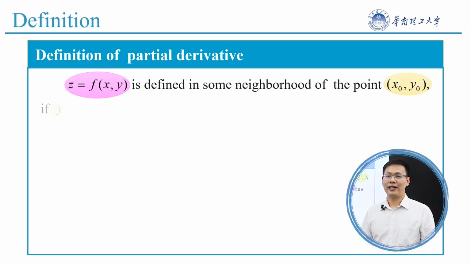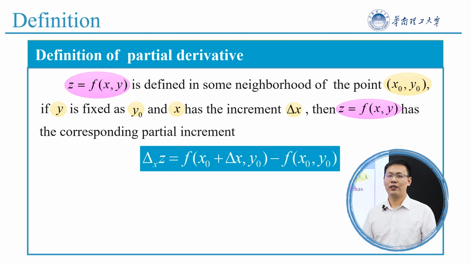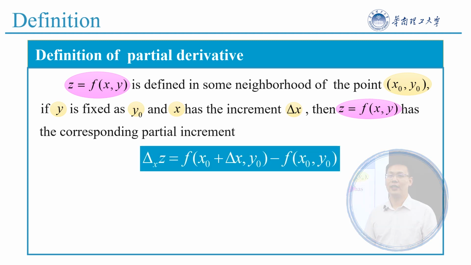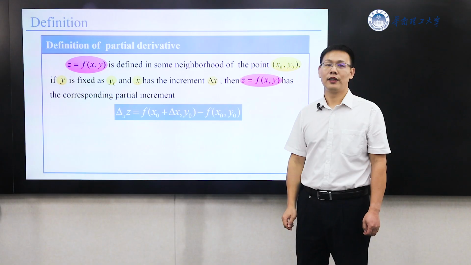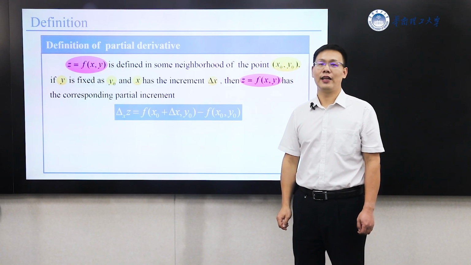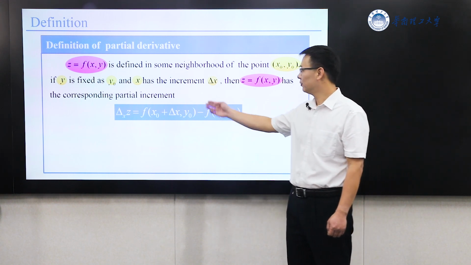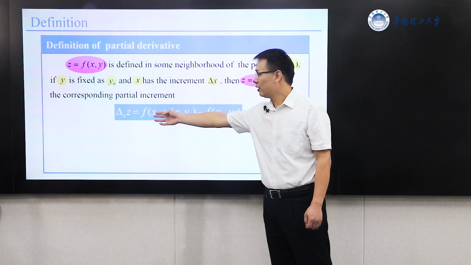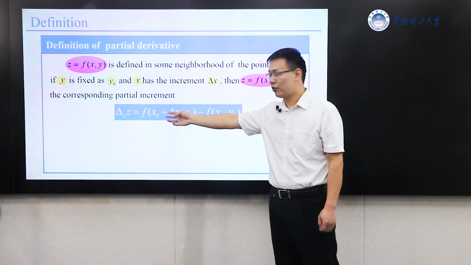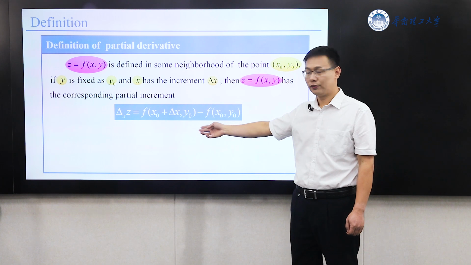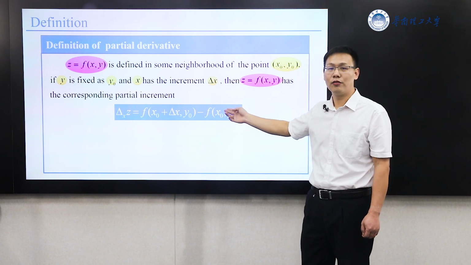Definition: suppose f(x, y) is defined in some neighborhood of the point (x0, y0). If y is fixed as y0 and x has the increment delta x, then z equals f(x, y) has the corresponding partial increment delta x z equals f(x0 plus delta x, y0) minus f(x0, y0).